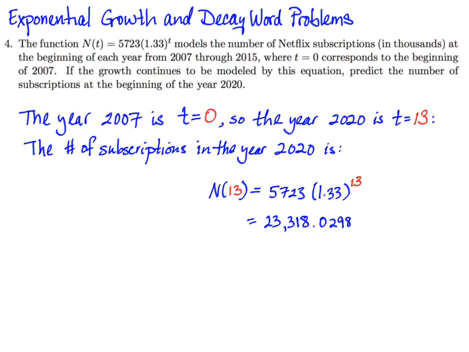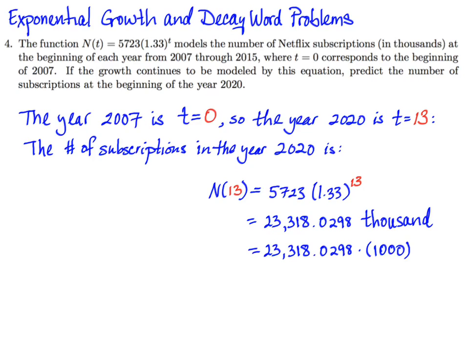But I have to remember that in this problem, these numbers are in thousands. So this is really times 1,000. So I'm going to multiply that number by 1,000 to actually see how many subscriptions we have.